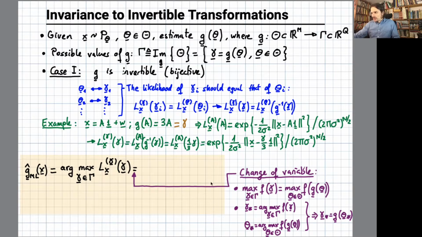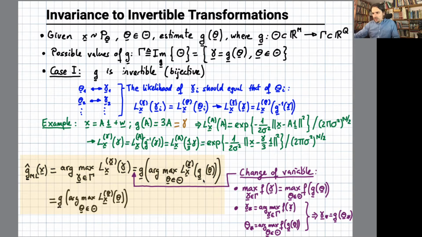So, just applying this fact, we obtain that the maximum likelihood estimator of g is g of this expression, okay? So now one can apply this equation here to conclude that this equals precisely g of the argmax of the likelihood of theta.